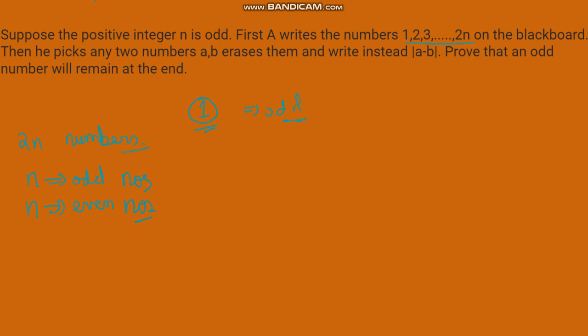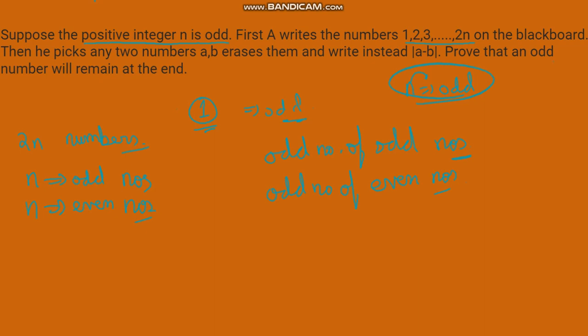Among 2n numbers, there are always n odd numbers and n even numbers. And this n is odd, we know. So we have an odd number of odd numbers. I hope you can understand my statement. And we have an odd number of even numbers as well.